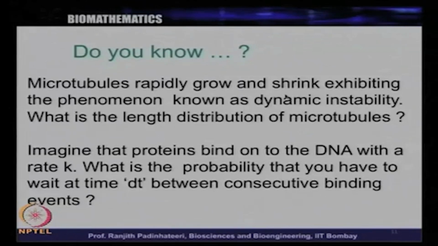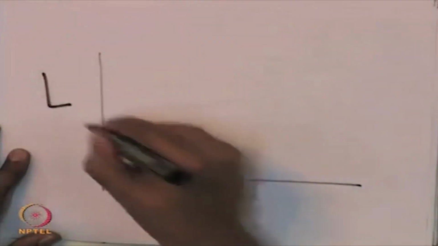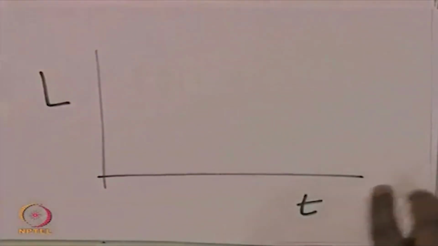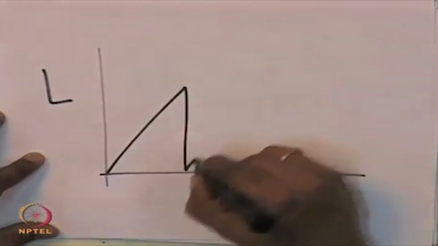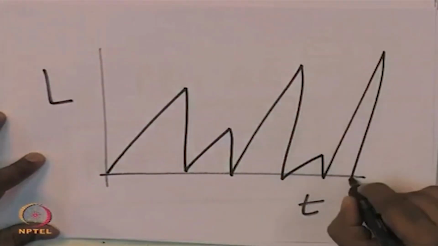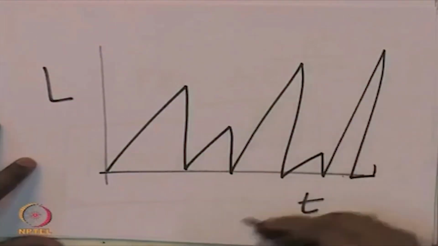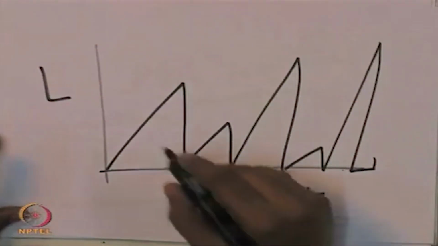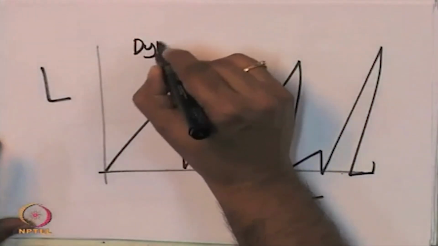That is, if you look at the length versus time for microtubules, what you would see is that they grow rapidly and shrink. So this kind of phenomenon is known as dynamic instability for microtubules.